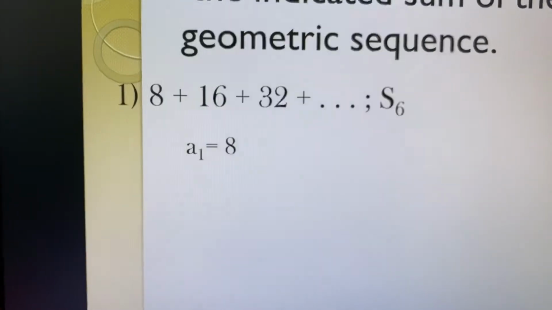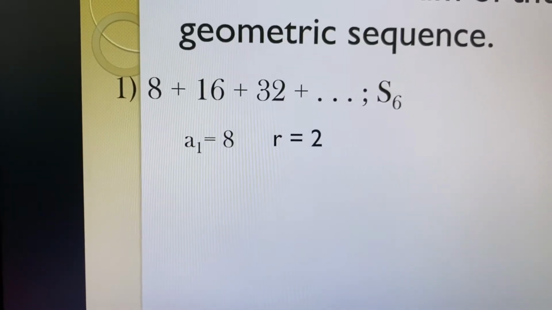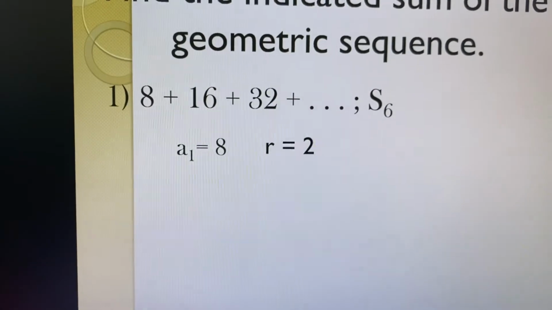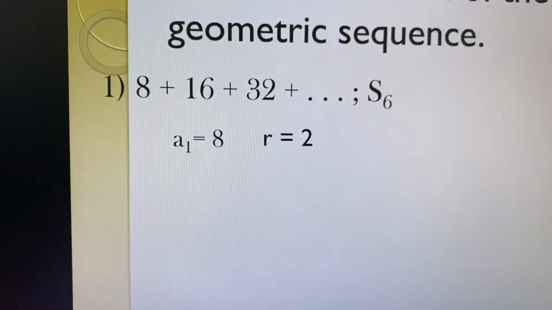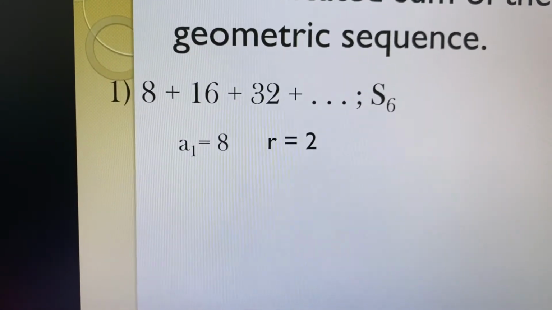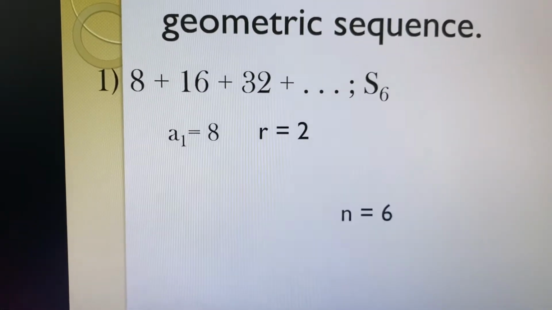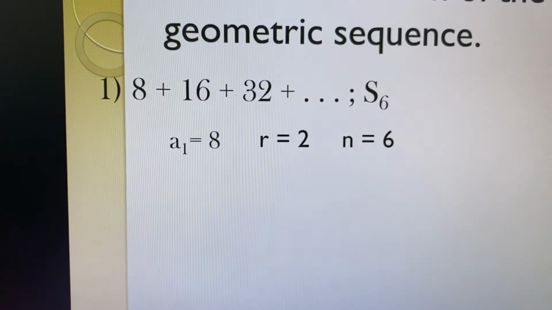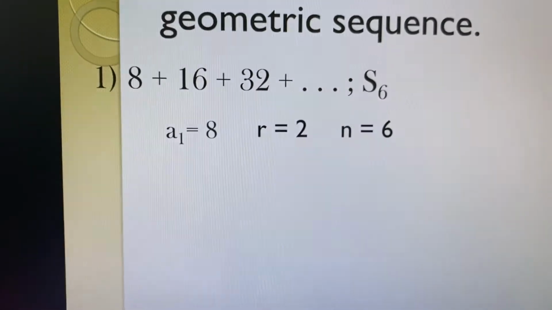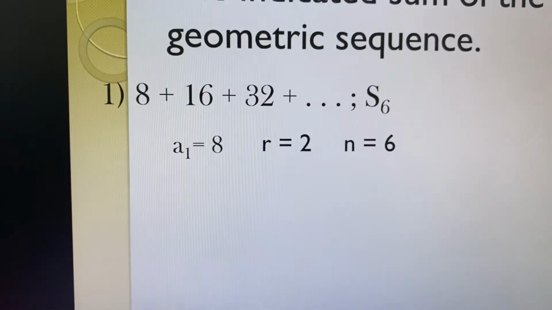So a sub 1 equals 8. The common ratio is equal to 2. How did we get it? Simply divide 16 by 8. The answer is 2. N is equal to 6, because we are looking for the sum of the sixth term.